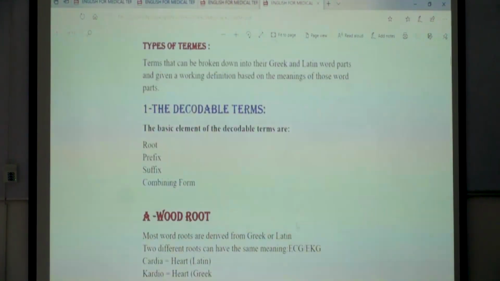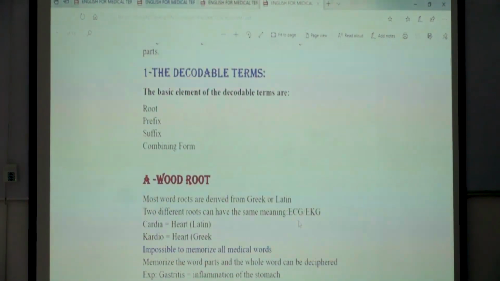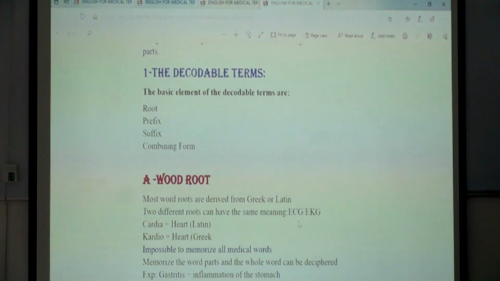One of those is called the decodable term. Decodable, what does that mean? It means that the term we are using can be divided into many parts, like a train.